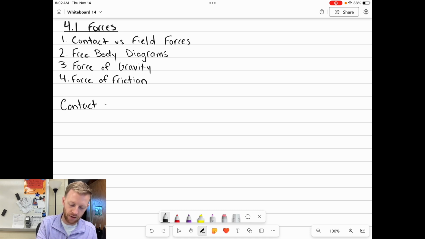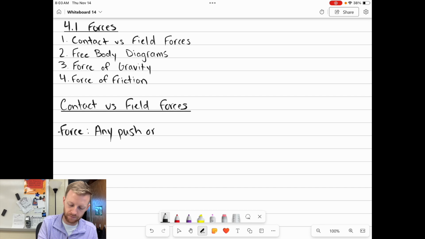Now, in order to even talk about that, what is a force? And that's a great question. You know, we have to define these terms. Well, a force is really any push or pull. More scientifically, it's the interaction between 2 objects.